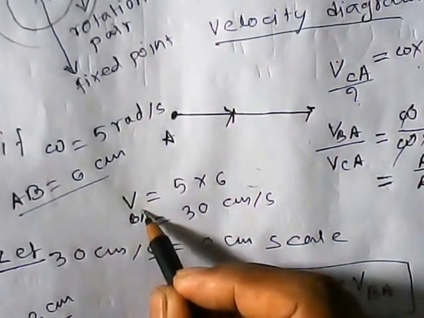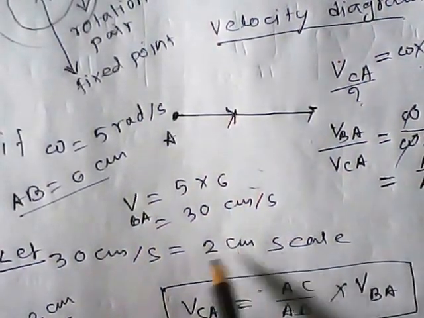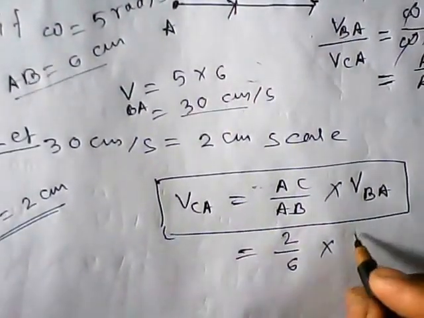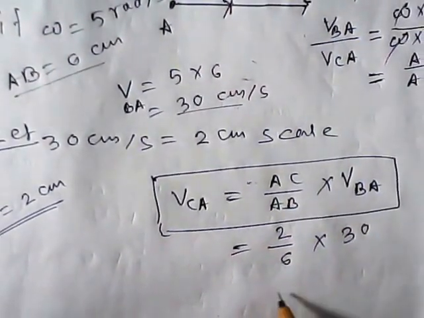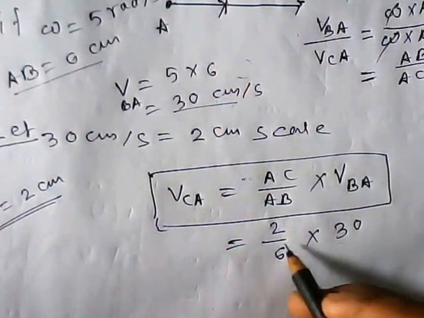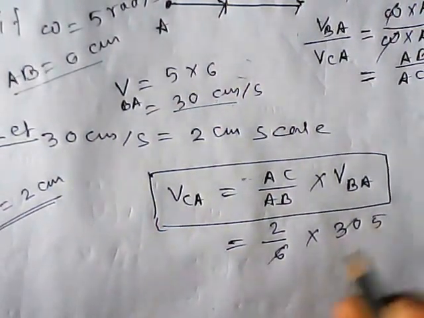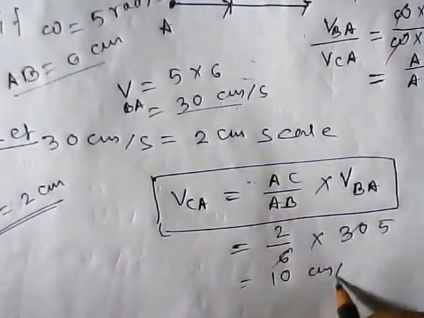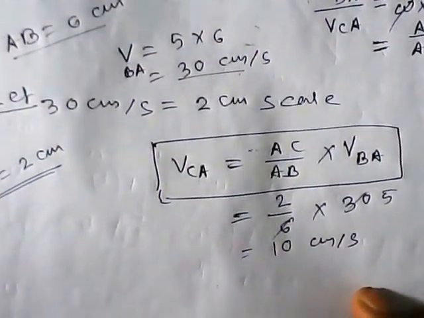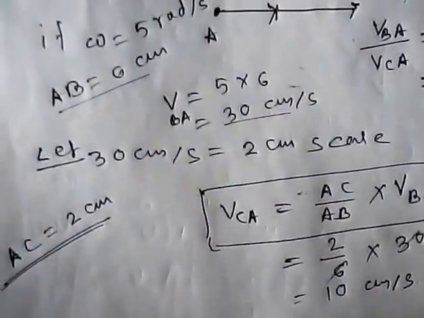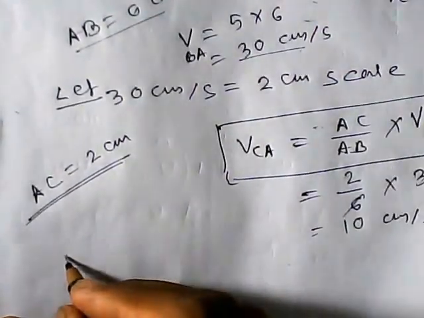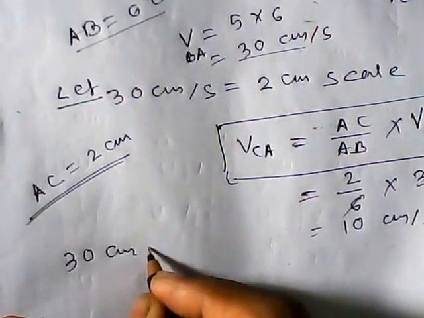Velocity of B with respect to A equal to 30 centimeter per second, and AC is given 2 and AB is given 6, and V of BA equal to 30. So V of CA equal to 10 centimeter per second. Now we consider 30 centimeter per second equal to 2 centimeter scale.